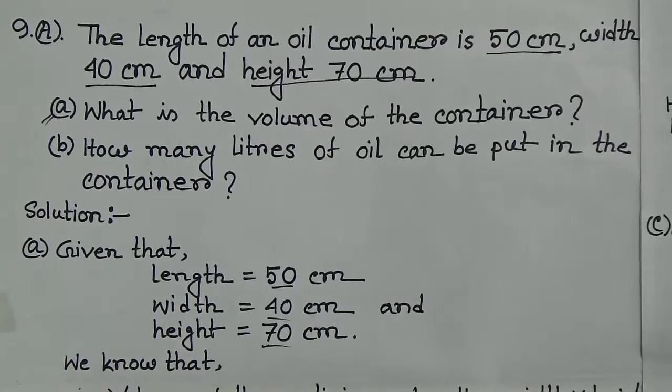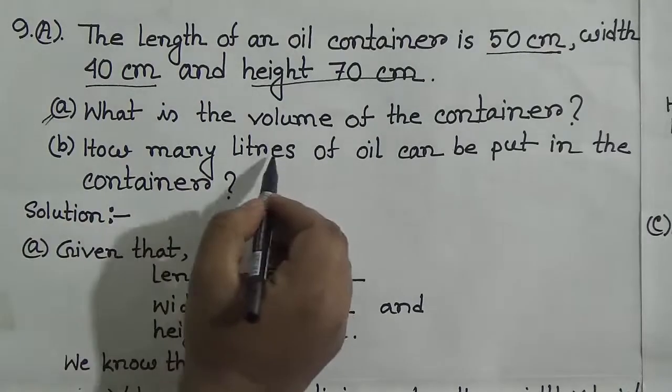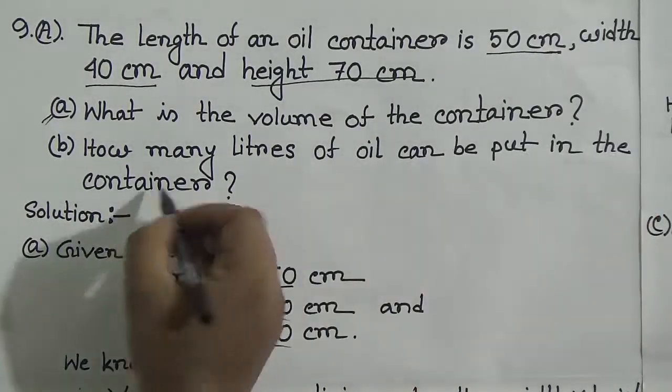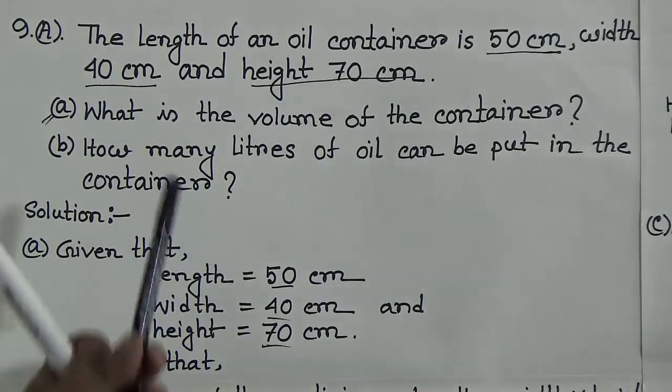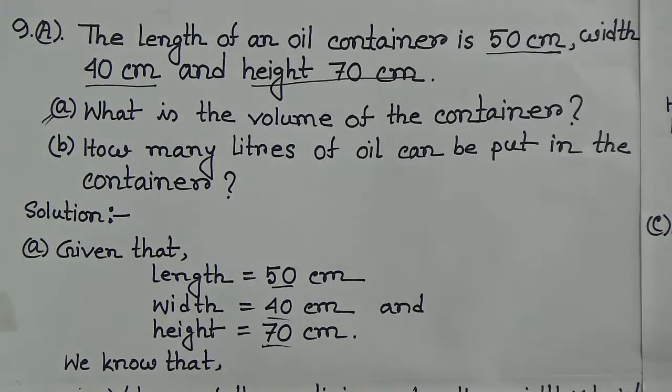Now we shall solve question number B. Question number B is how many liters of oil can be put in the container? Before starting to solve this math, we need to know how many centimeter cube equal 1 liter. We know that 1000 centimeter cube equal 1 liter.